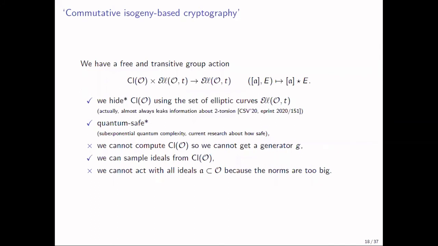That's very easy to do. Remember, the ideal is generated by L and pi minus 1. Those were very easy to write down. And then there's this caveat that you can't actually act with all ideals, because you need to compute the isogeny corresponding to the subgroup. So if the norm of the ideal is too big, then you simply cannot compute it in polynomial time.